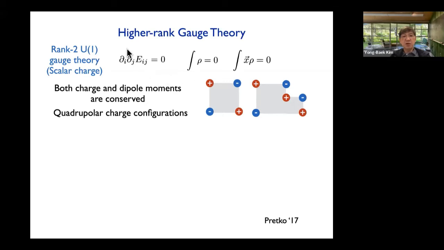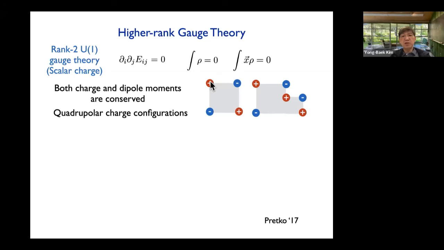Okay, so the important thing about this Gauss law is that now we have two conservation laws. In usual electromagnetism, we have conservation of charge. But in this theory, you also have to conserve dipole moment, and that's the main difference. So the typical charge configuration is a quadrupolar configuration like this. In this case, total charge is 0 and the dipole moment is also 0.